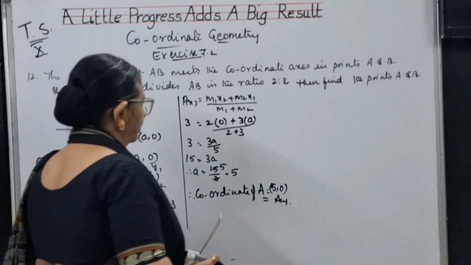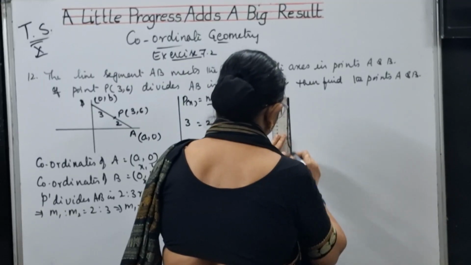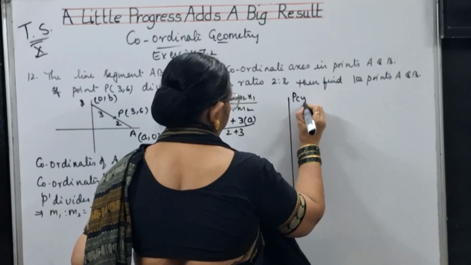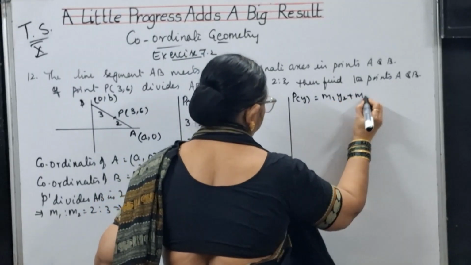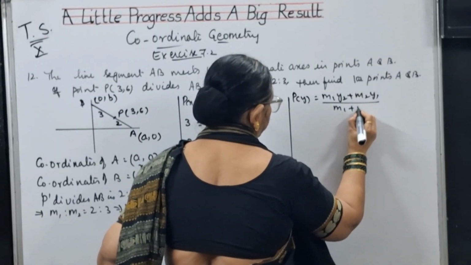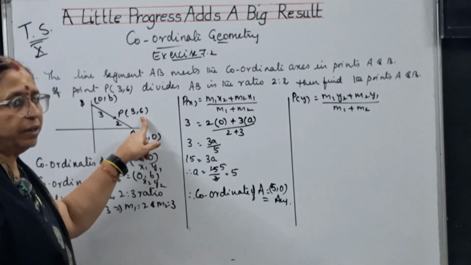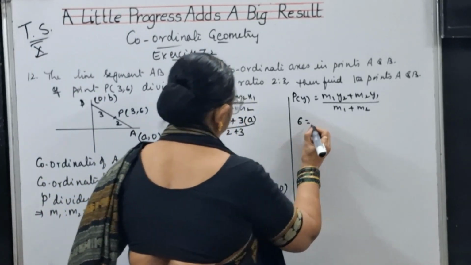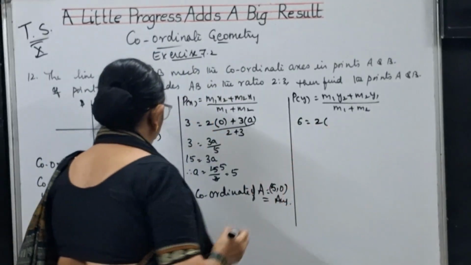Now, let us see the next part. P of y. P of y is equal to (m1 y2 plus m2 y1) by (m1 plus m2). The P of y coordinate is 6. So, you will be writing 6 is equal to m1, that is 2, into y2.